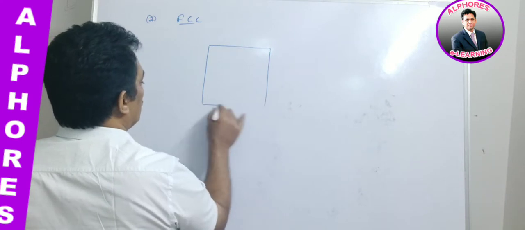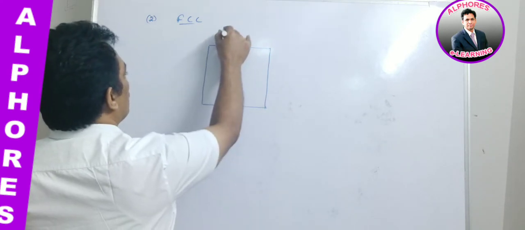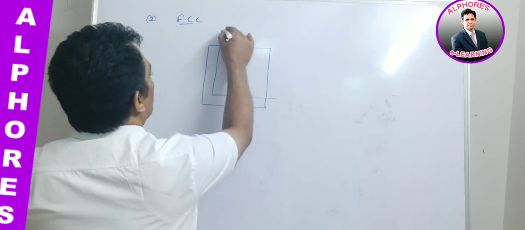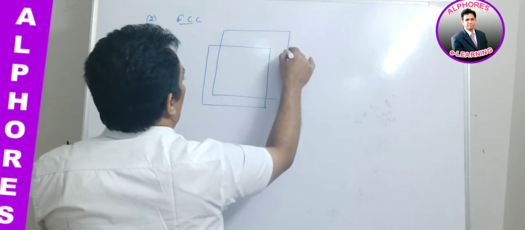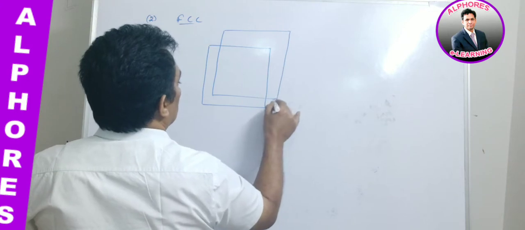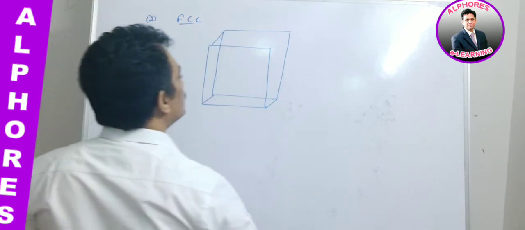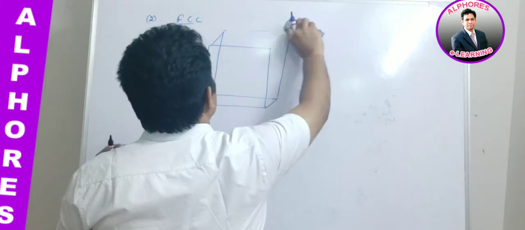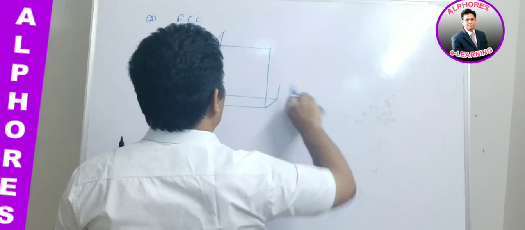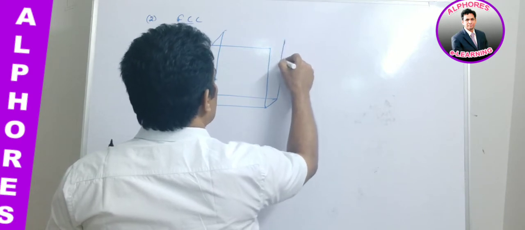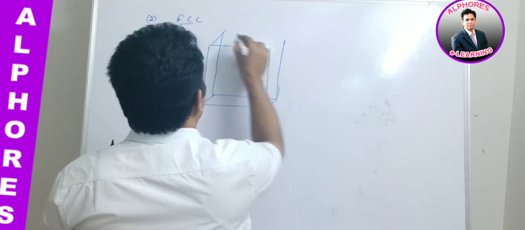This is the cubic structure, and here the atoms are present at corners. In addition to corners, those atoms are also present at face centers. That's why it is known as face-centered cubic.